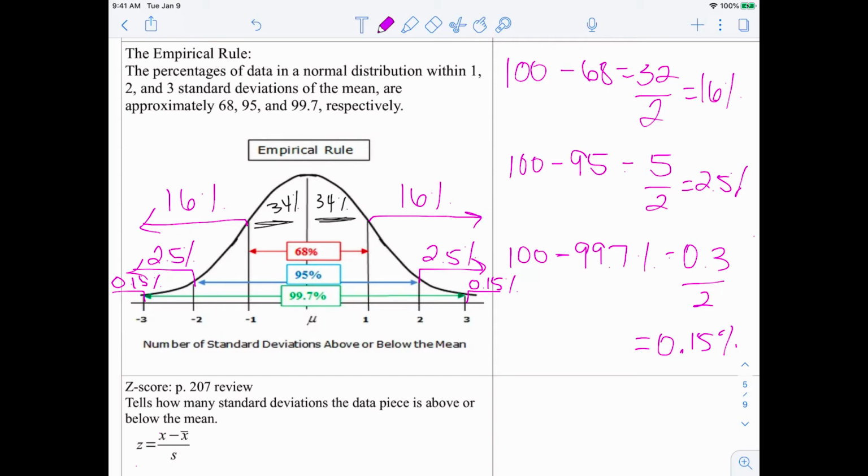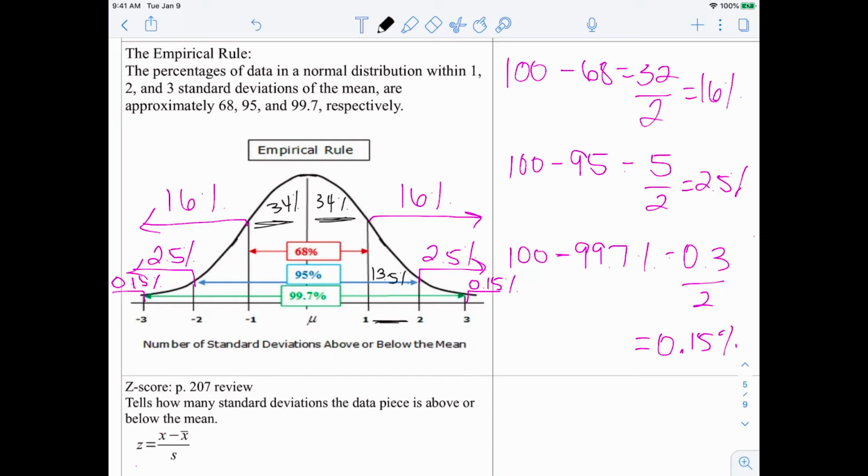The other thing that we can do with the empirical rule is use these values to find the areas in between. So if I want to figure out what percent of data fall between 1 and 2 standard deviations, I can take my 16% and subtract my 2.5, and I end up with 13.5%.